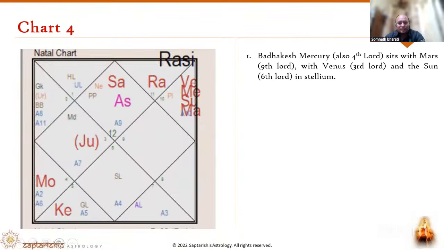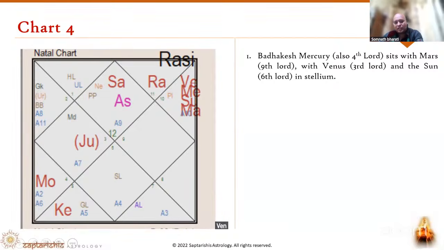Now, in this example, we can see that Badhakesh Mercury, the fourth lord, is sitting with Mars, Venus and Sun. So basically, there is a stellium here in the 11th house. Now, Mars is the Karaka of our vehicles and of property, and in this particular case it is the ninth lord, that is father.